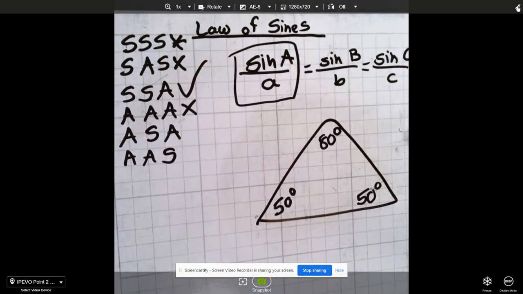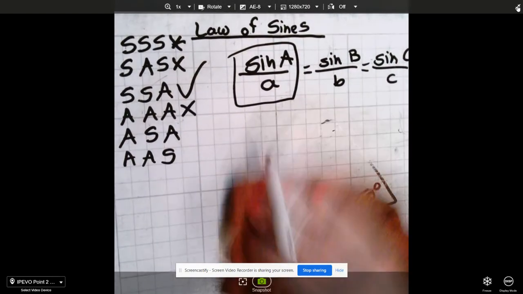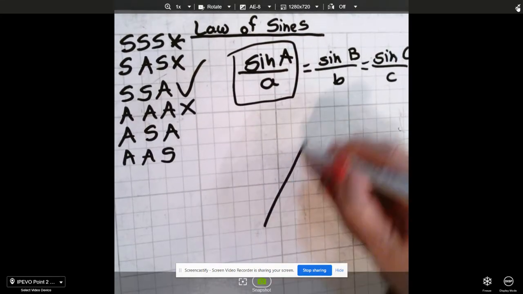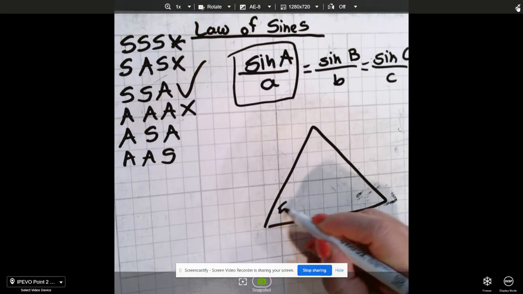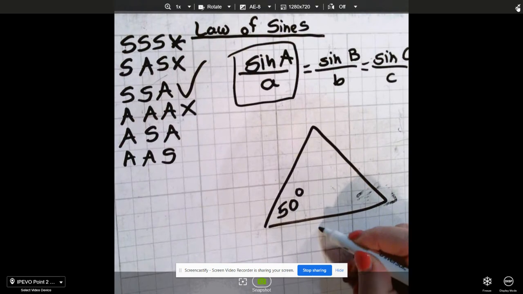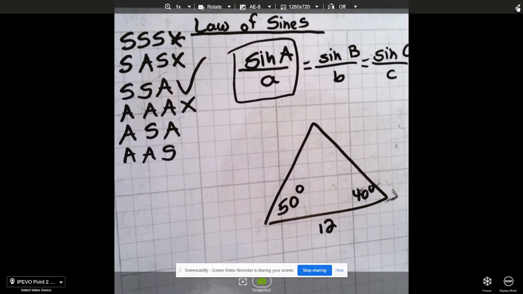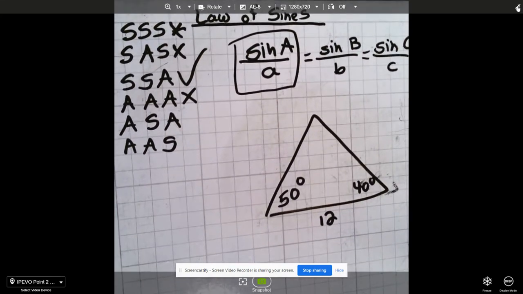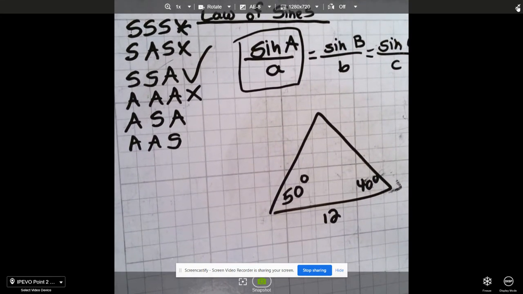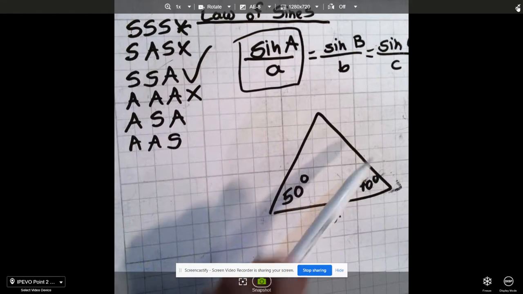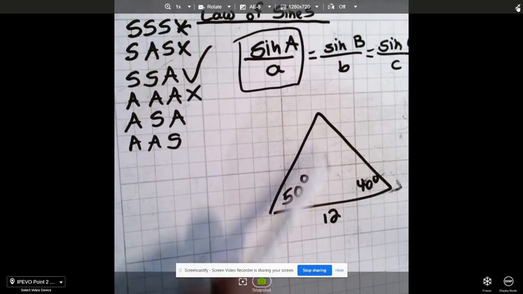So angle, angle, angle doesn't work. And angle, side, angle. If I had some angle, some side, and some angle, you would look at this maybe quickly and say it doesn't work because I need to have at least one angle and the side opposite, and I don't have that.